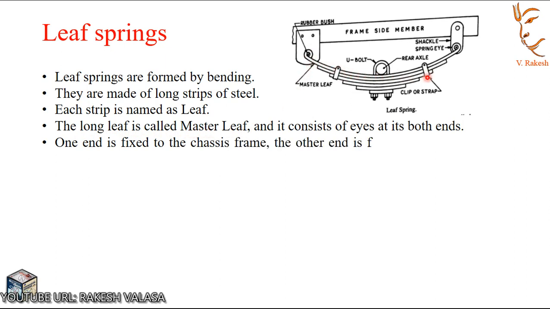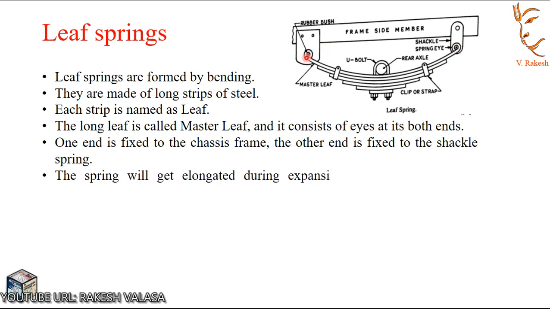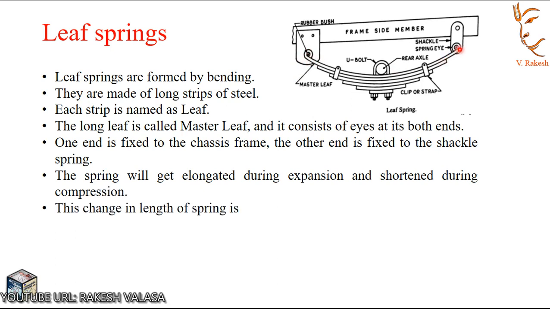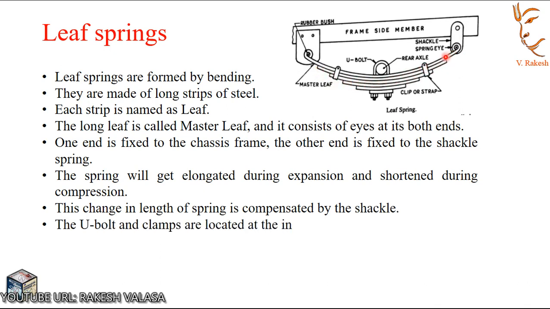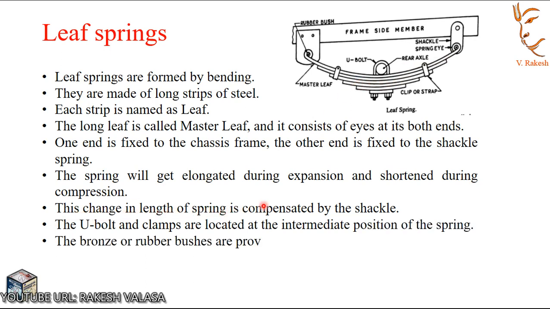This is the master leaf, and it consists of eyes at both ends. One end is fixed to the chassis frame, the other end is fixed to the shackle. The spring will get elongated during expansion and shortened during compression. This change in length of spring is compensated by the shackle.